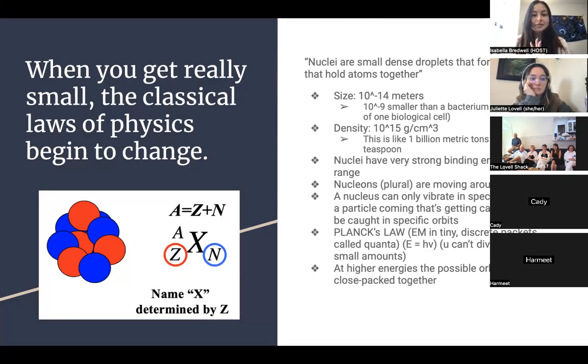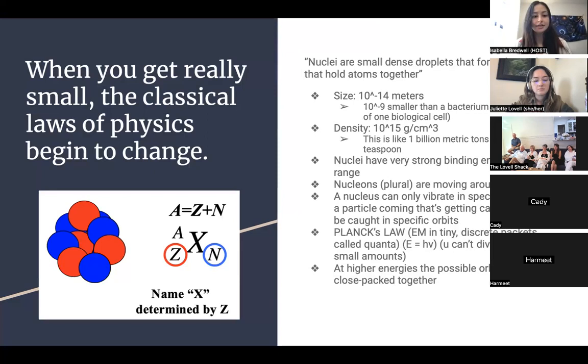Energy has to come in multiples of that number. Basically, you can't divide energy into smaller amounts. It can only be 1, 2, 3 or 4. It can't be 1.1. It has to be certain states.